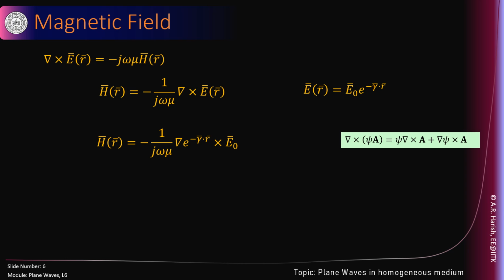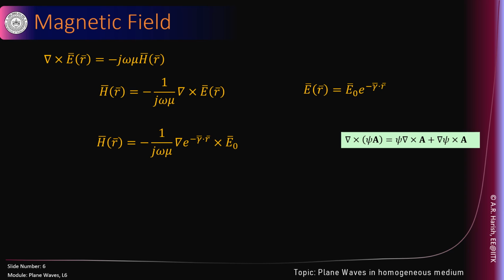E naught is A. Now, psi times del cross A. That is psi. We don't have to worry about it. What is del cross A? It is del cross E naught bar. E naught is a constant quantity. Therefore, del cross E naught will give me 0. So I don't have to worry about the first term. How about the second term? It is del of e to the power of minus gamma dot r cross E naught. That's the term I have written here.